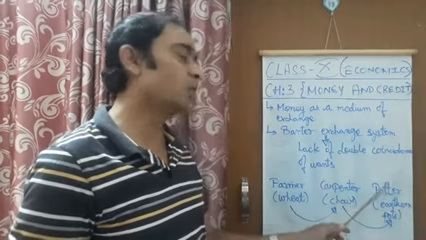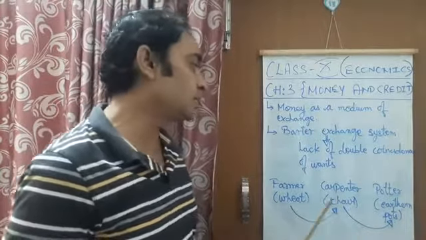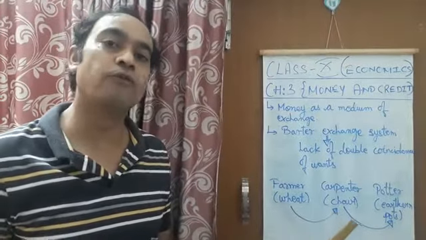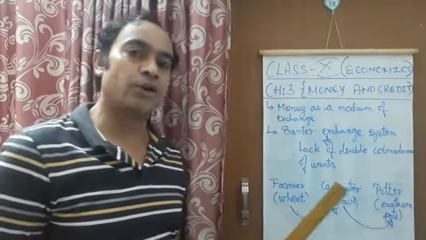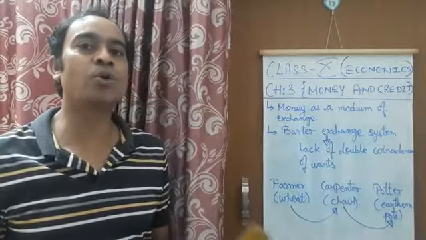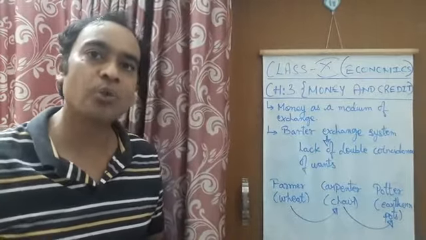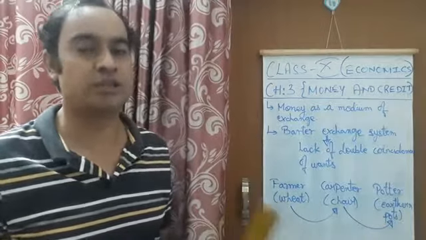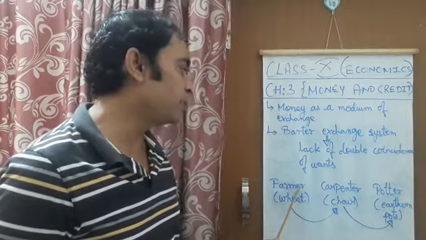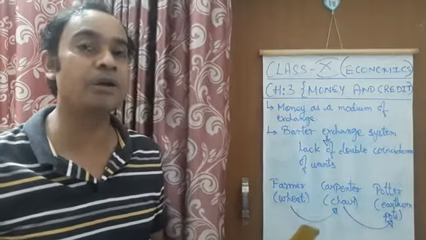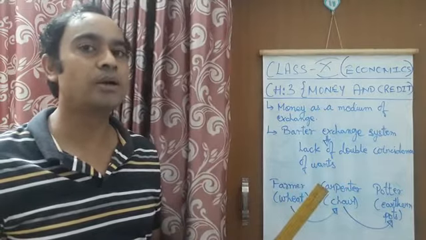But here also another problem will exist. In the first case, we have seen the double coincidence of wants was lacking. As I told you, double coincidence means it is a coincidence that the two persons' demands are matching with each other's goods. But here in the first case, between the farmer and the carpenter, the double coincidence of wants did not take place.